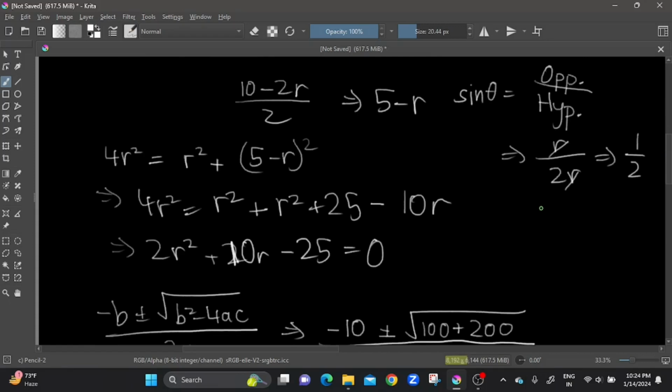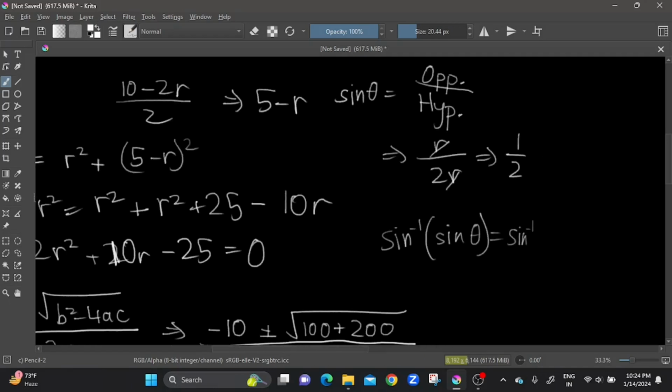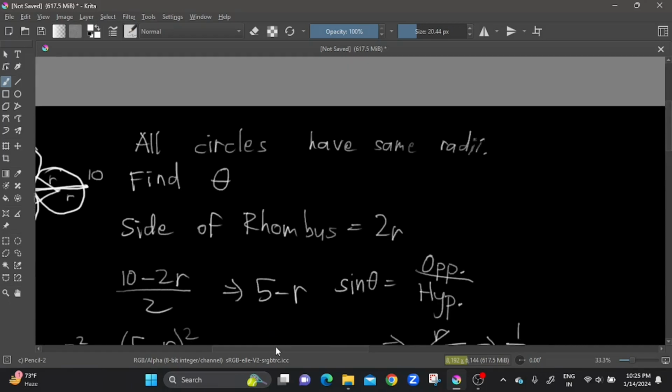So now that you have 1 by 2, take sine inverse on both sides. You're going to get theta is equal to sine inverse of 1 by 2, which is going to be 30 degrees, I believe. So we found the solution.